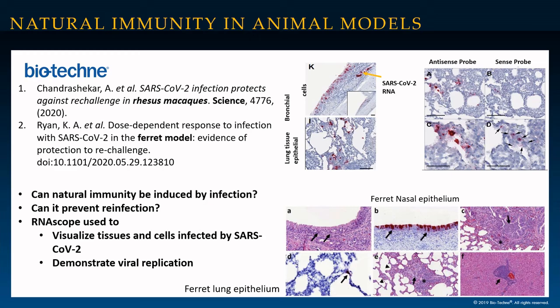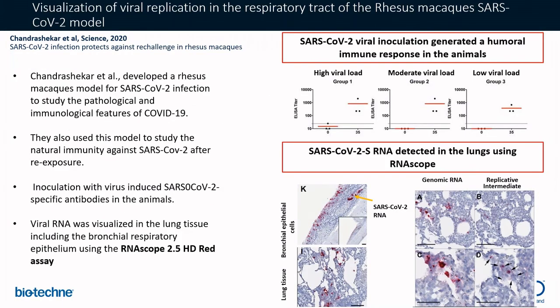So one paper that I chose to show you today is this paper. An understanding of the protective immunity to SARS-CoV-2 is extremely critical for both the vaccine as well as public health strategies that are aiming to end this global pandemic. Like I mentioned before, the key unanswered question was whether SARS-CoV-2 infection resulted in a protective immunity against re-exposure.